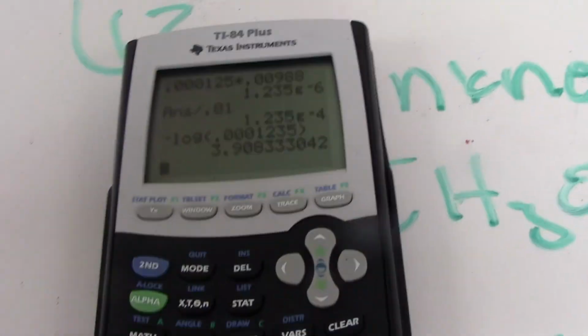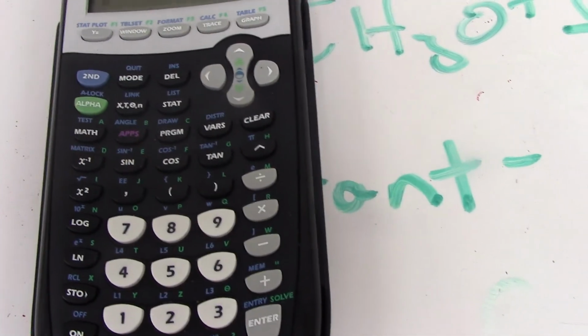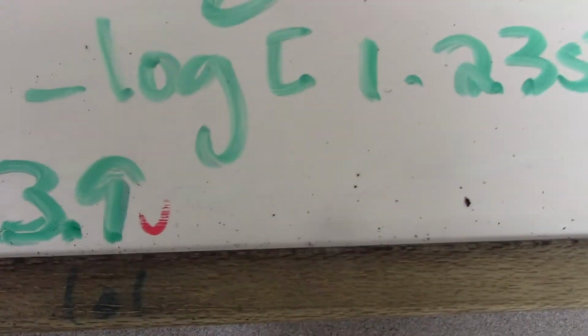My pH is 3.9, so that's a very acidic sample of water. Okay, and that's titration.